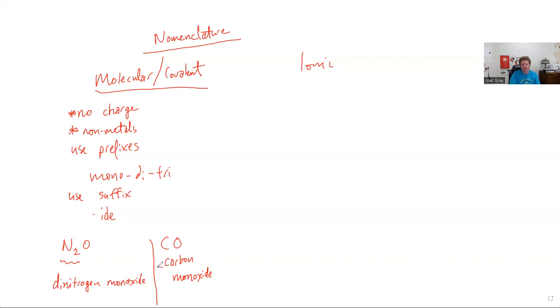Notice how we did not use a prefix for the first element in our formula. You do not always do that if there is only one of those atoms. So we do not call this monocarbon monoxide. Instead, we just imply that there's only one by saying carbon monoxide.